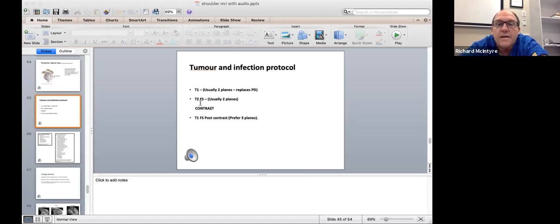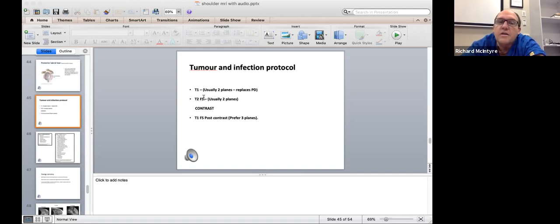If you told me you would do a T2 fat sat in axial and sagittal and a T1 in axial and sagittal, in this case, that would be perfect, okay? And then you give contrast and do the T1 afterwards, but that's not the question.